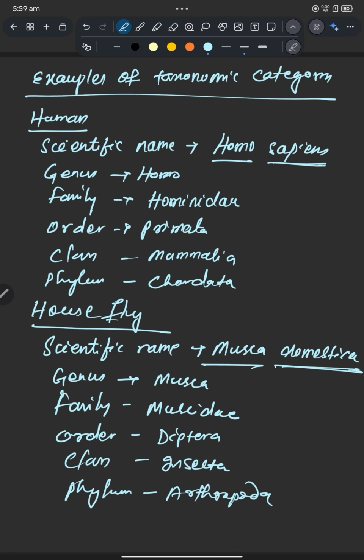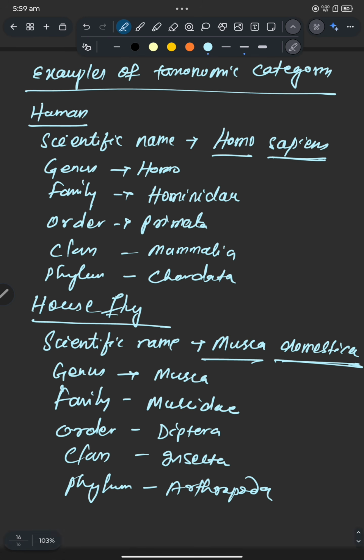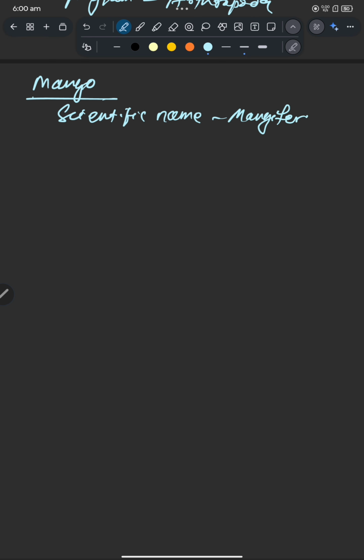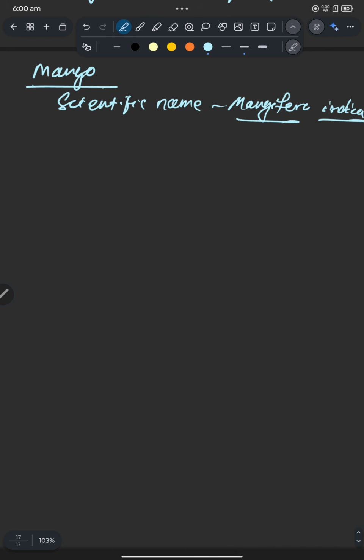Okay, then the next example is mango, the very common one. Scientific name Mangifera indica. Don't forget to underline this one. Here genus is Mangifera.